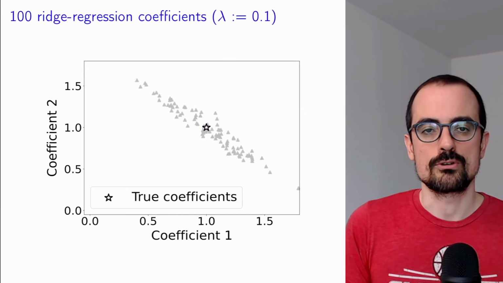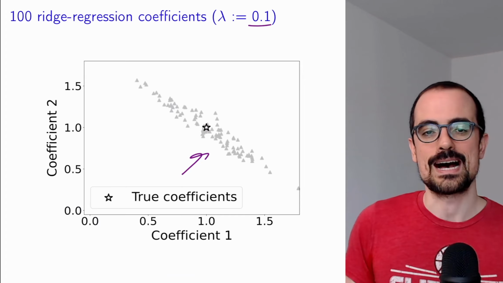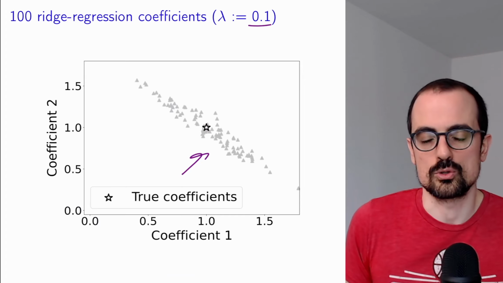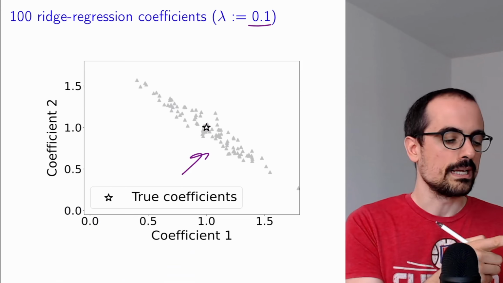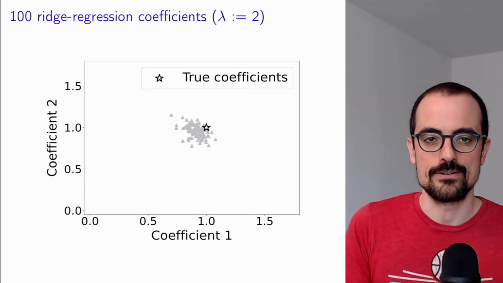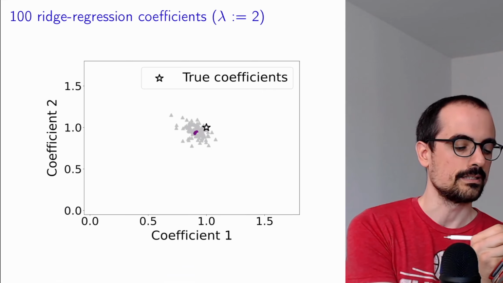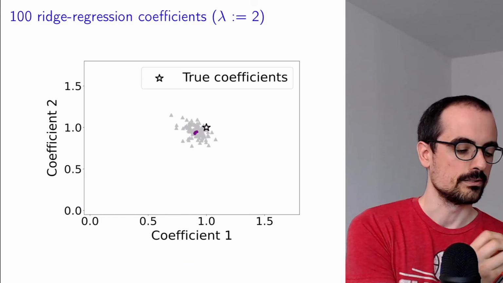Now, if we look at the ridge regression coefficients, if lambda is very small, essentially we see the same as for the OLS coefficients, no surprise there. But when we start increasing lambda, we see something very interesting. One, this is not unbiased anymore. The center is actually off, okay?